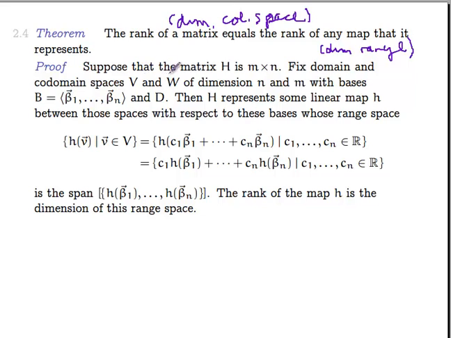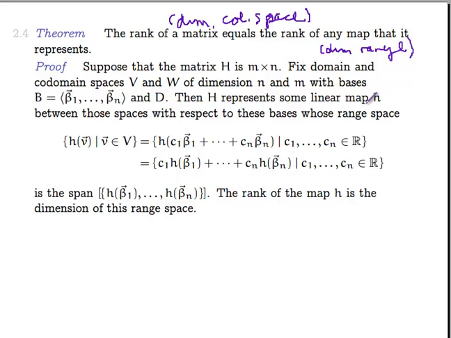For the proof, suppose the matrix H is m by n. Remember, m is going to be the dimension of the codomain, and n is going to be the dimension of the domain. So we fix domain and codomain spaces V and W of dimension n and m with bases beta_1 through beta_n of the domain and D, which is delta_1 through delta_m, for the codomain.